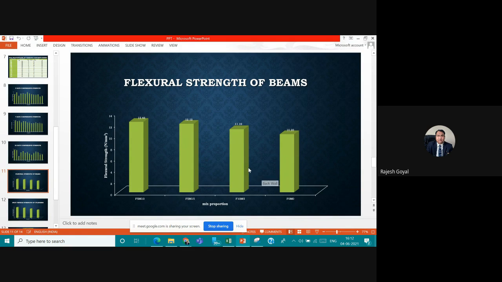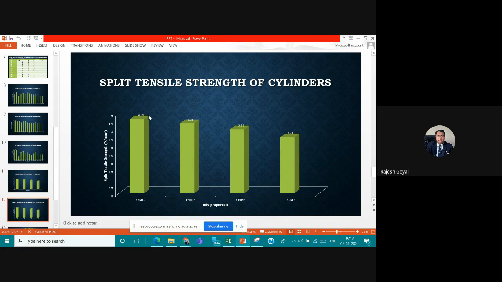And you see here also we are more focused on 5M10, because in the last two slides it was possessing very high compressive strength. So flexural strength also was on the higher side, 12.46. And split tensile strength, again the same mix is on the higher side. So it is very clearly visible from all this presentation that this mix possesses comparatively good strength than the others.